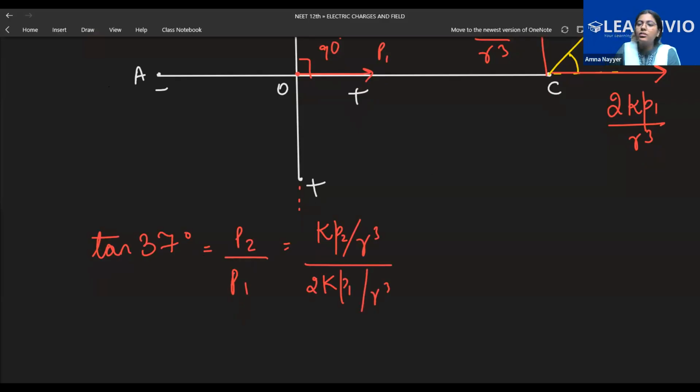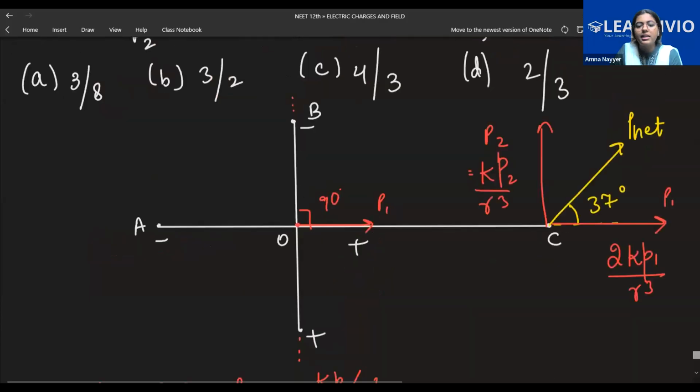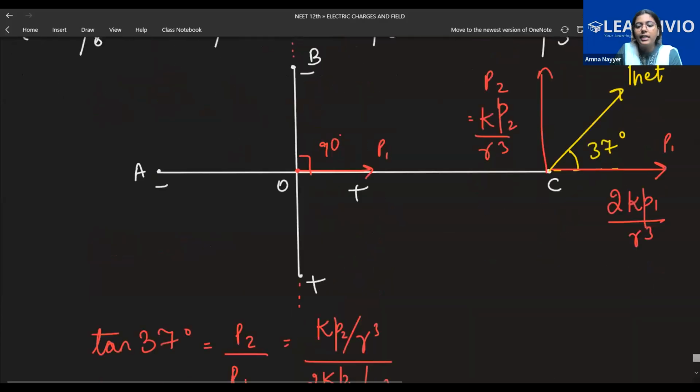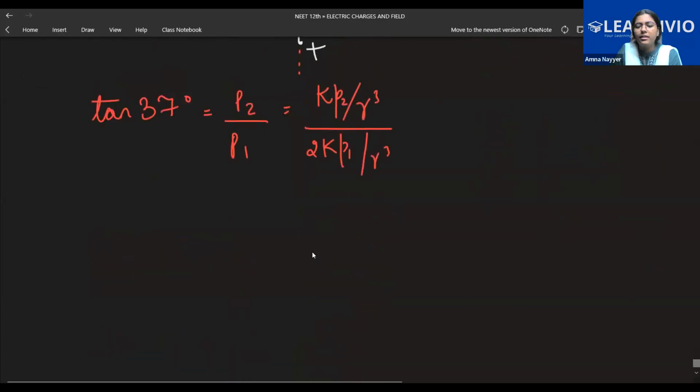And it has also said to take sine 37 as 3 by 5. Okay, forget that, we have our tan value. So tan 37 is 3 by 4, because sine 37 is not needed directly.